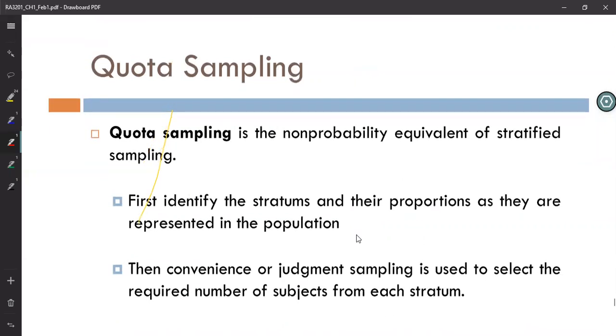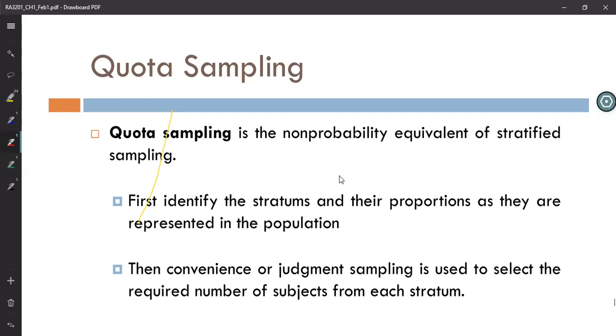Then comes the quota sampling. This is like the non-probabilistic version of stratification. You do not know the exact number or the proportion in the population, but what you have is just a rough idea. So according to that rough idea, in your sample also you have a certain proportion.